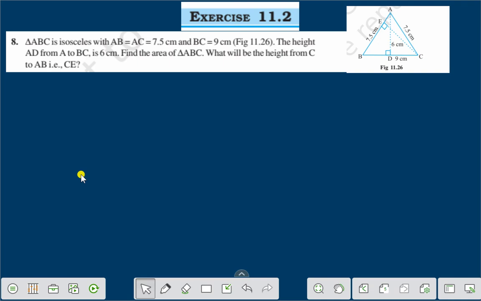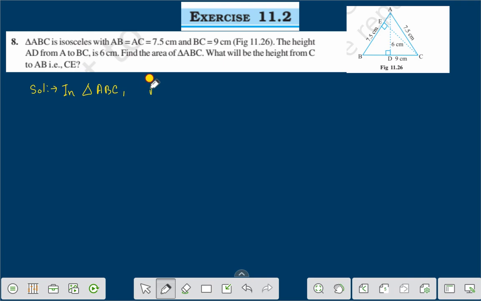Let us find. Here you see that in triangle ABC, this is the base.